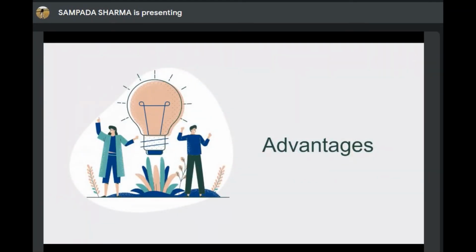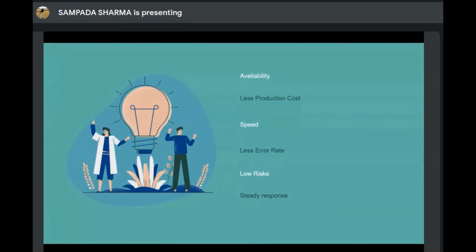Advantages. What are the advantages of an expert system? There are multiple advantages, and I have only chosen six here. Availability, meaning that they can be easily available due to mass production of software. Less production cost, they're pretty reasonable and affordable. Speed, they offer great speed and reduce the amount of work.